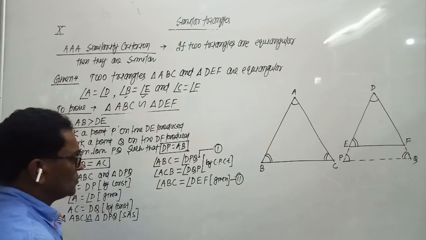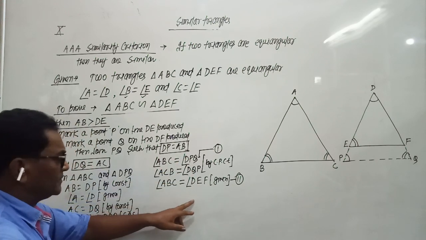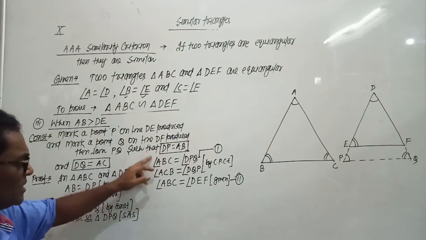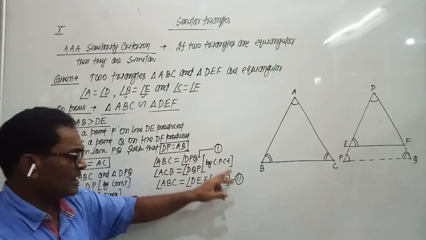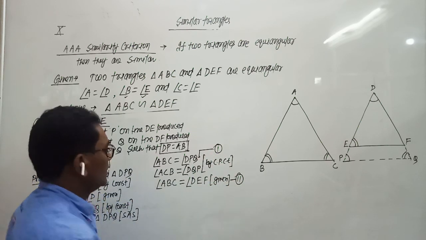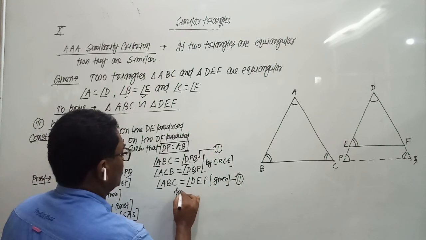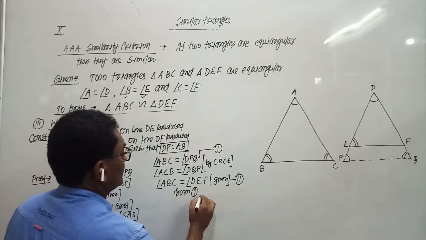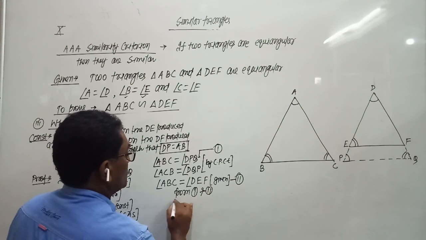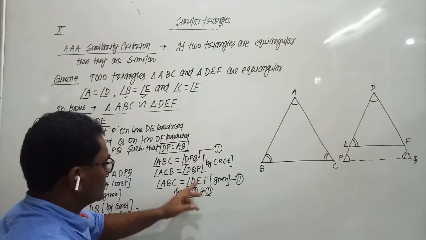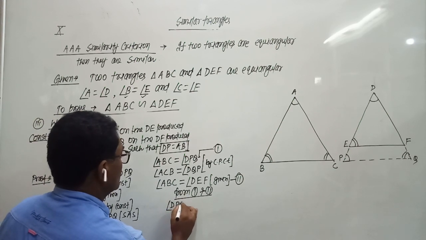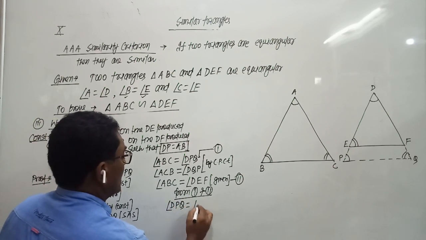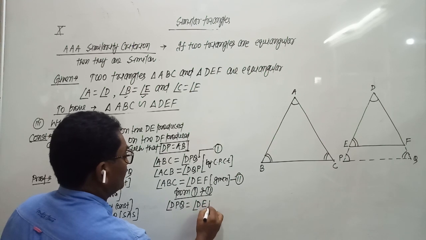So from first and second, LHS of both the equations are equal. Therefore, their RHS must be equal. So angle DPQ equals angle DEF.